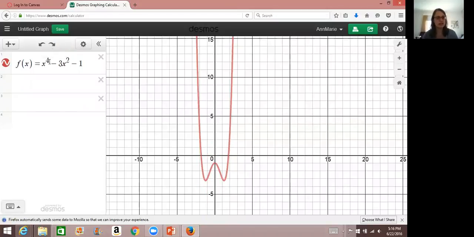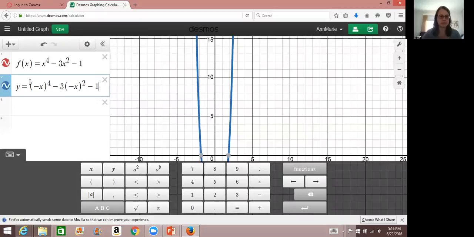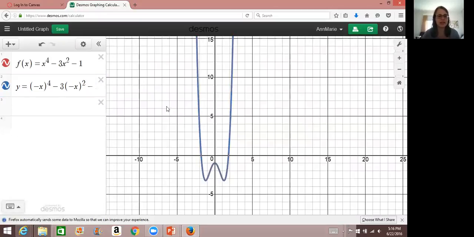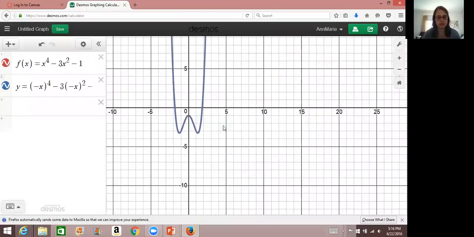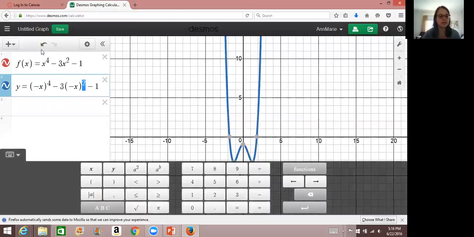this one, let me prove this to you. So if I replace all of my x's with negative x, what do I get? I get the same thing, right? That's the whole point, yes? Yes, yes it is. Notice the degree of all of the variable terms. What are all of my exponents? They're all even, right?